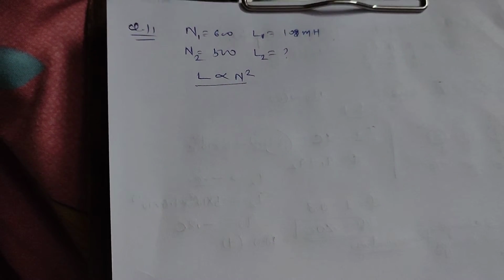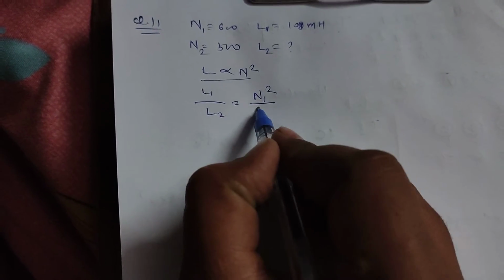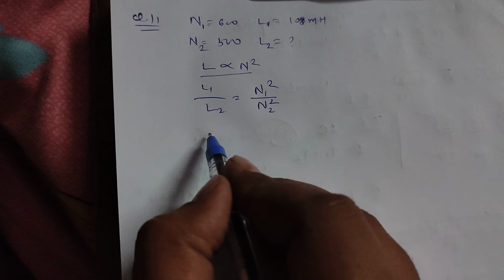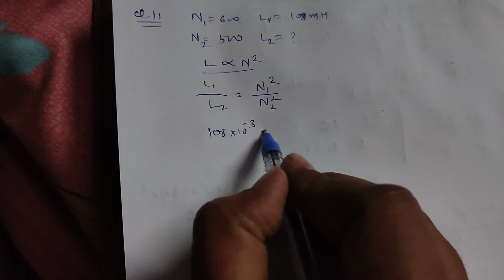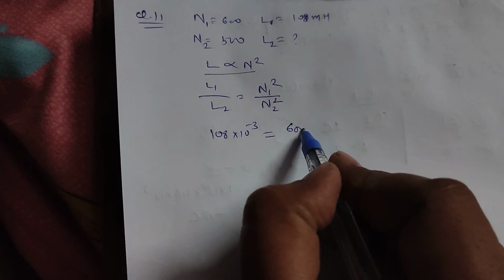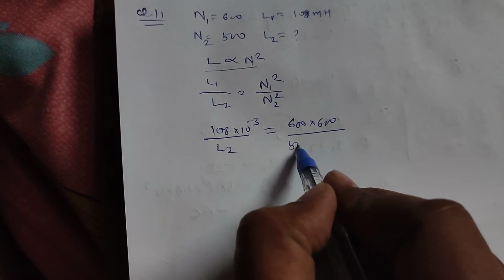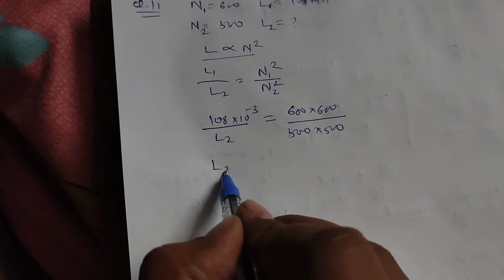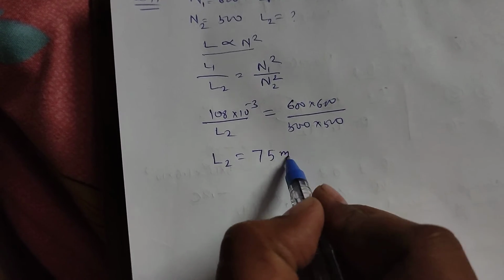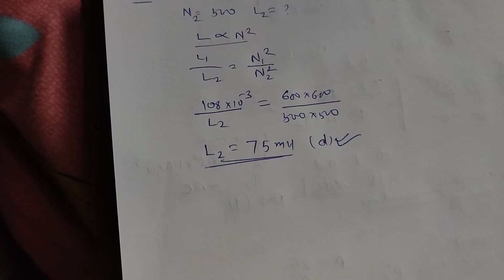Self inductance is directly proportional to the square of the number of turns. So L1 upon L2 equals N1 square upon N2 square. By putting the values, 108 into 10 to the power minus 3 upon L2 is equal to 600 into 600 upon 500 into 500. By solving, we get L2 is equal to 75 millihenry. That is option D. So option D is the correct answer.